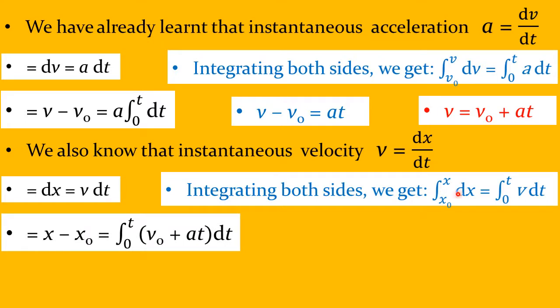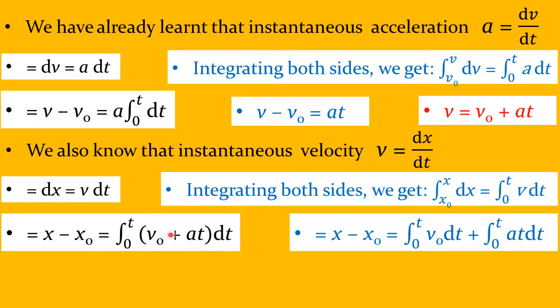Again, what is the integral of dx? x. And if I take these limits, I get on the left hand side x minus x0. And on the right hand side, I have got integral 0 to t. Now, in place of v, I can write v0 plus at. So I have written here v0 plus at dt.